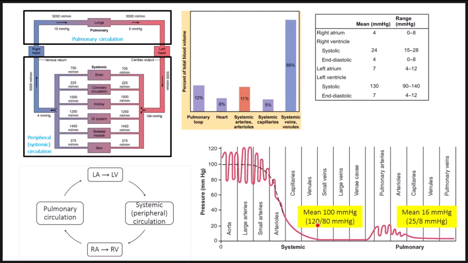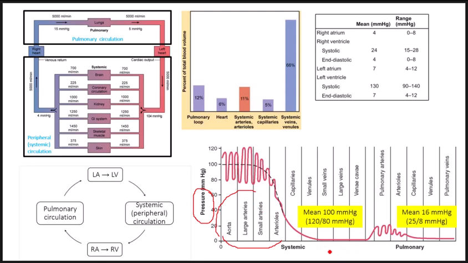The next thing to point out, and this should be pretty obvious, is that the pressure, measured in millimeters mercury, is going to be highest within our large arteries, larger than the smaller ones. And that should make sense because what our heart is trying to do is pump blood through the aorta and the arteries in order to get it to the rest of the body so that the tissues can use it.